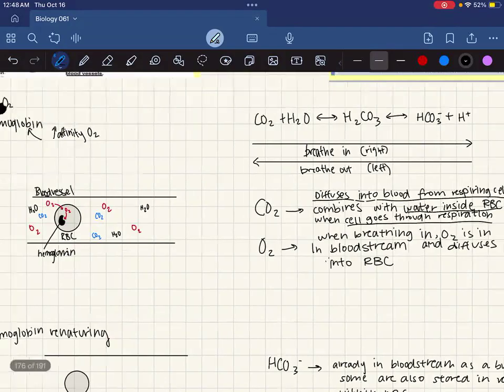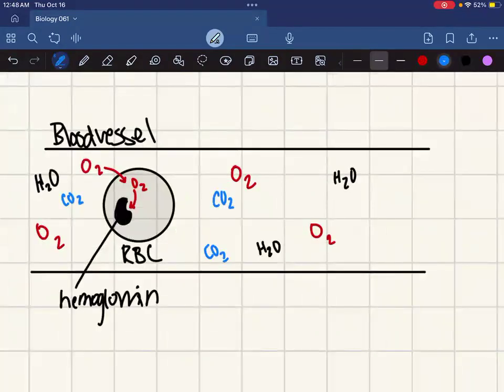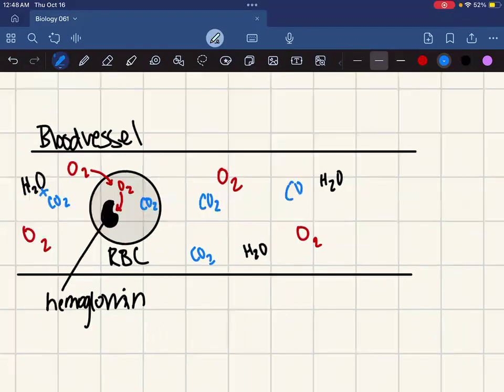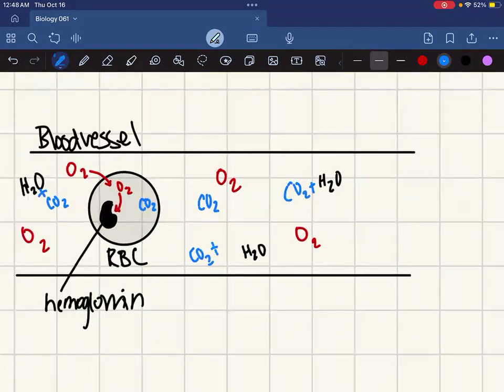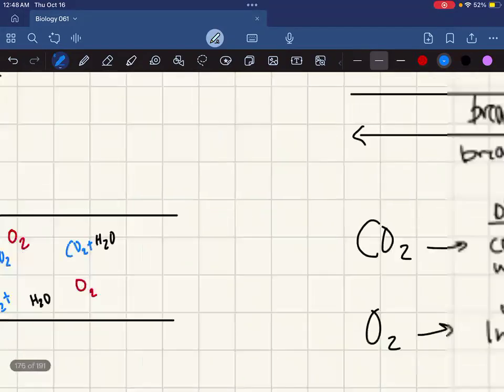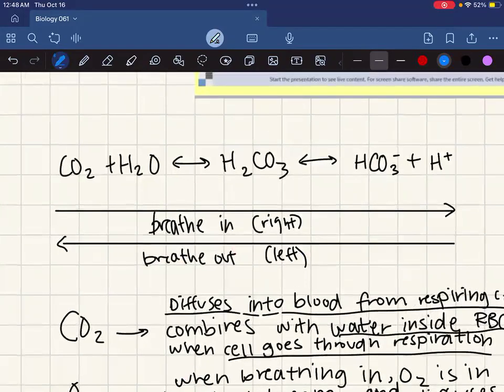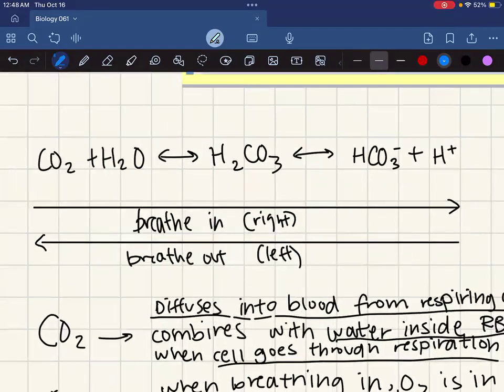So we have our carbon dioxide within the cell, and we also have water, in our blood vessels and within our red blood cell. In this combination, you'll see that I'll reference this equation a lot. This chemical equation is in dynamic equilibrium, so it's constantly going from left to right or right to left, depending on our blood pH.